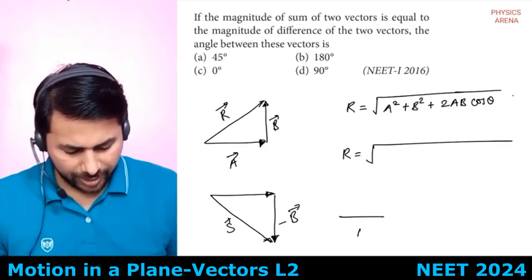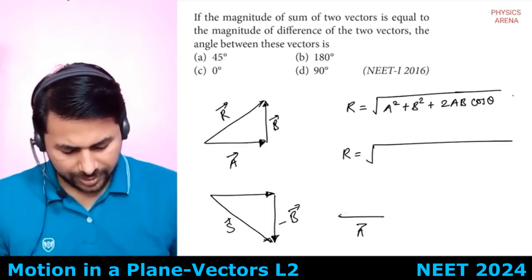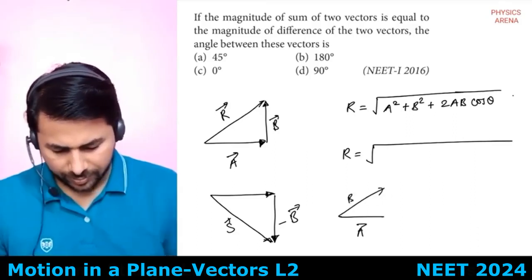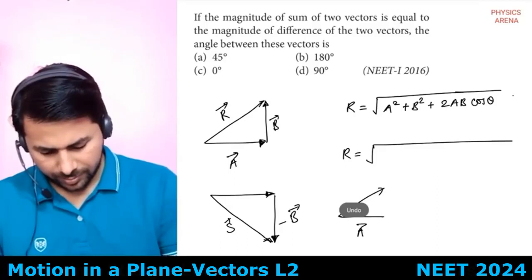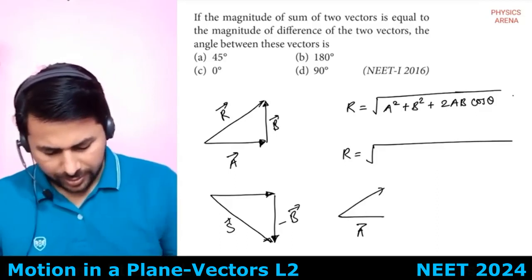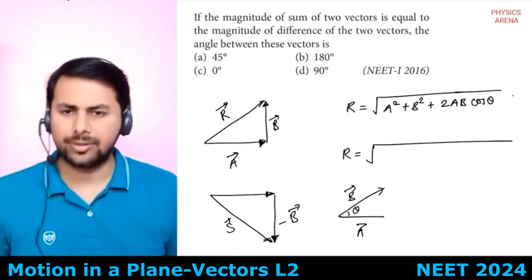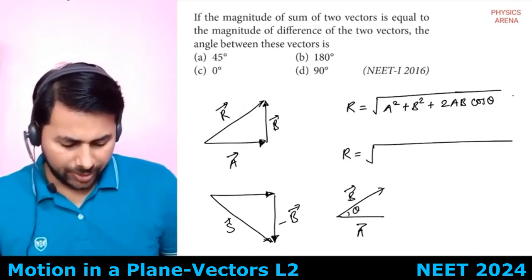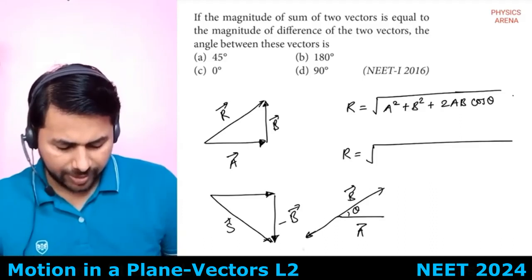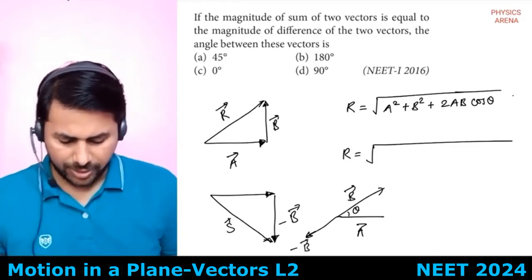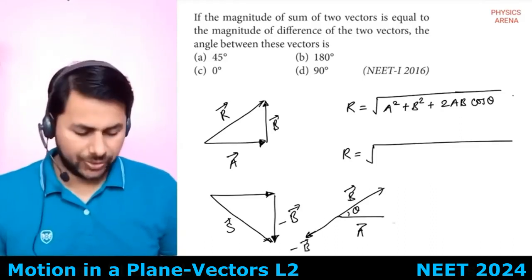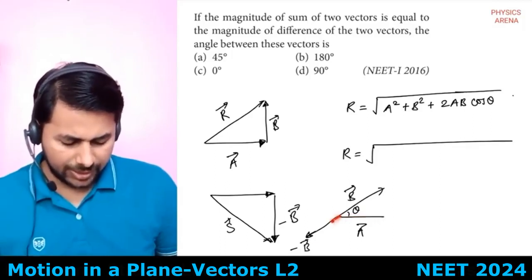This is A bar and this is B bar. How much is the angle between them? It's theta. Now if I draw minus B bar, subtraction is addition only. So this is A bar and this is minus B bar.